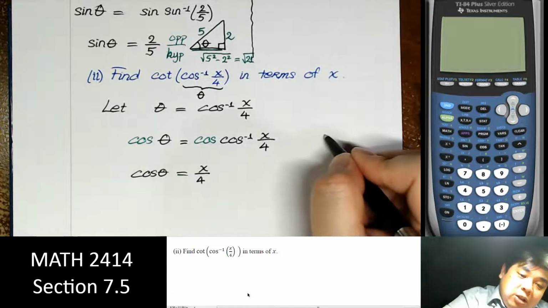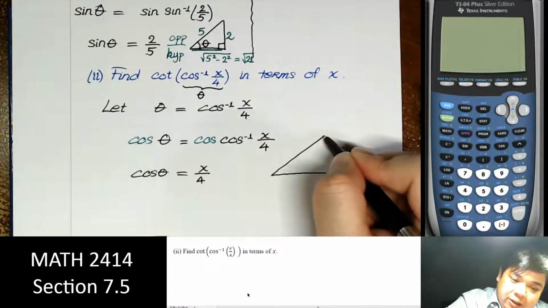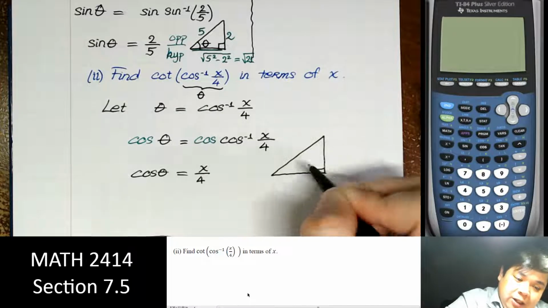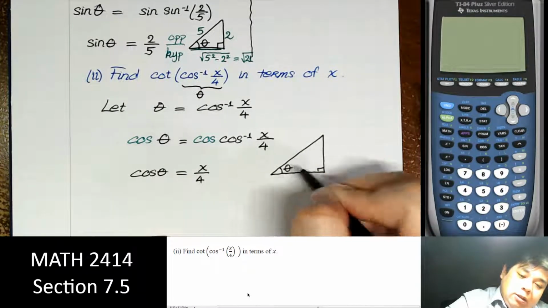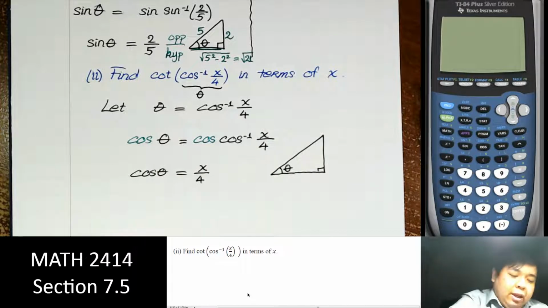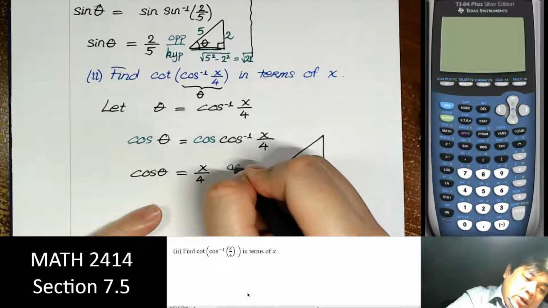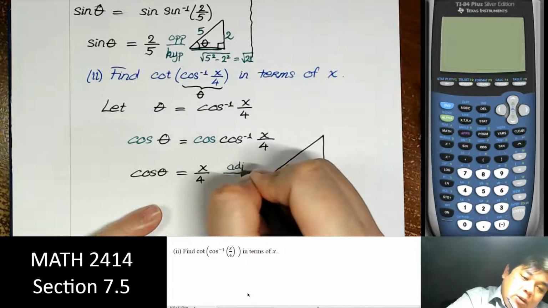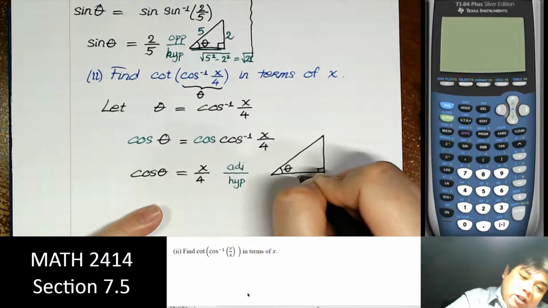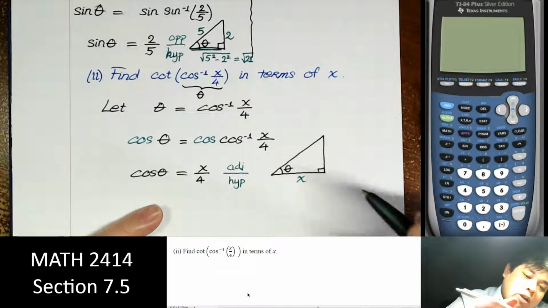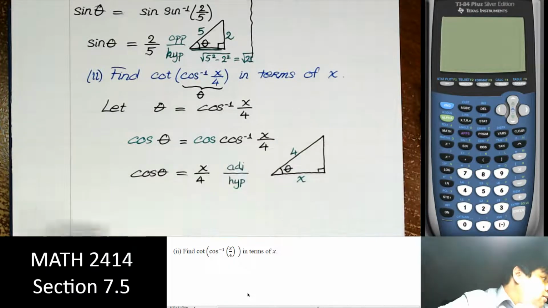So this is good. And for a triangle, the angle is theta. The ratio for cosine is adjacent over hypotenuse. So adjacent is x, hypotenuse is 4.